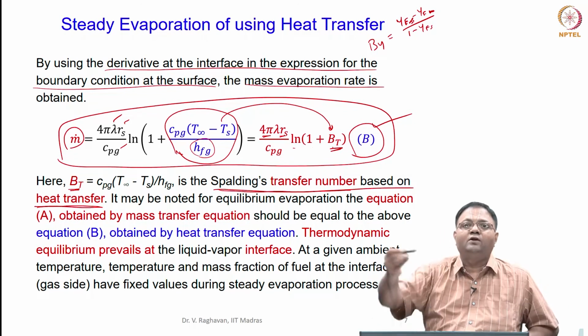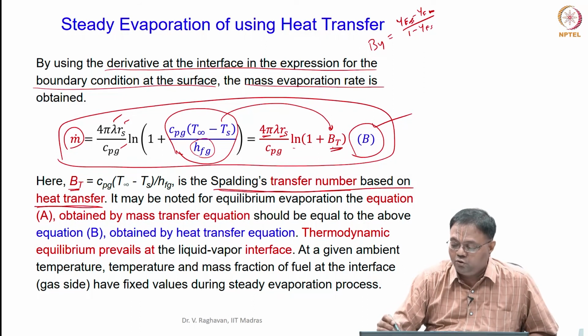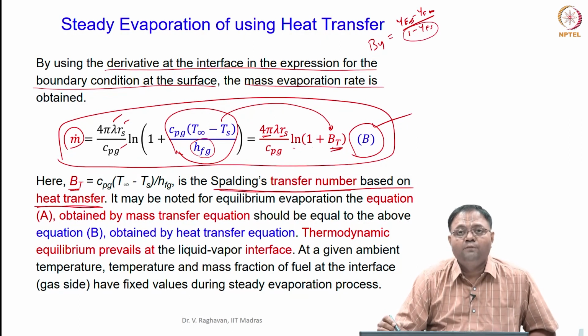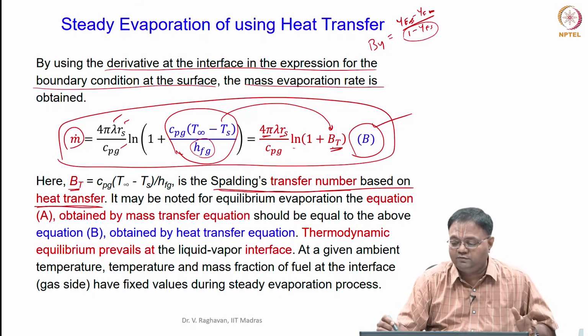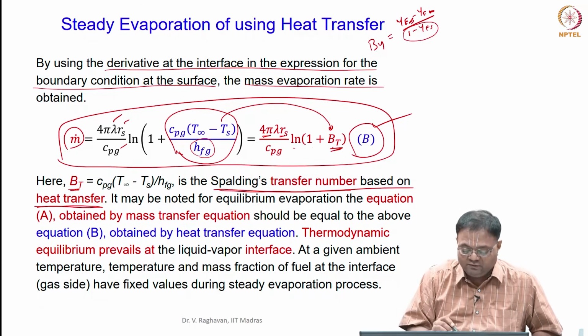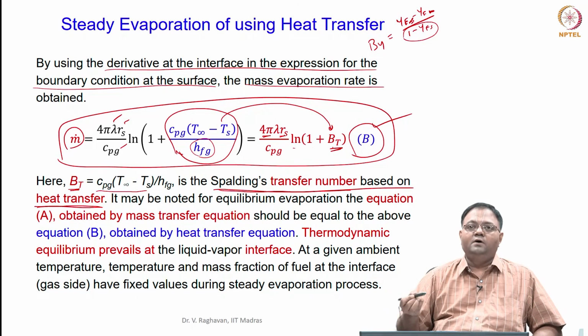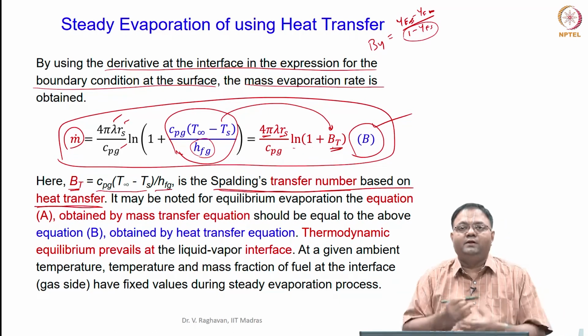The gradient of the fuel mass fraction drives the mass transfer. Then, with 1 minus Yfs, we see how different the surface mass fraction is with respect to 1. That is the ratio there. In the heat transfer, as I told you, the transfer number is the energy transferred from the ambient divided by the energy required for evaporation.